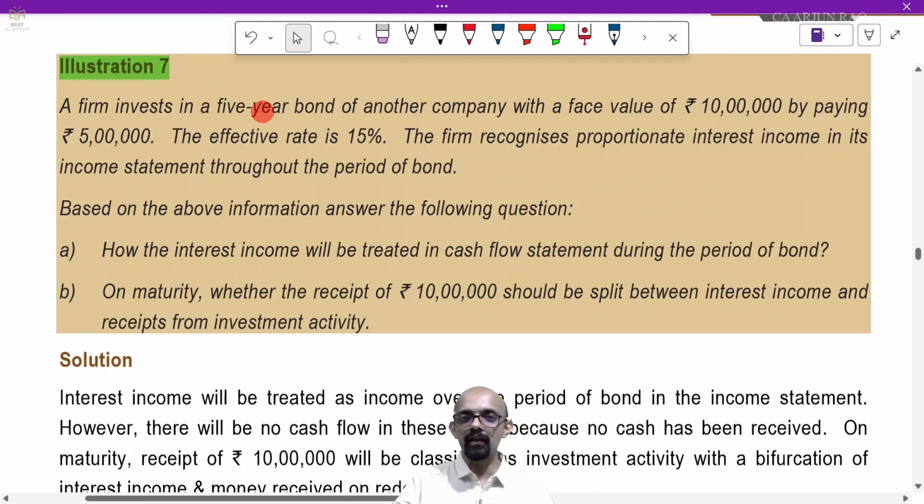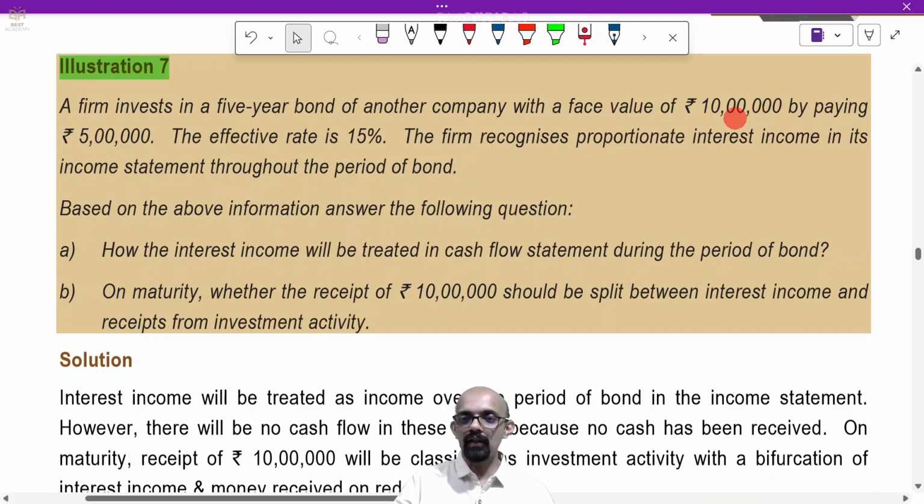So during the 5 years, interest income of course will be recognized, but there is no cash flow. Cash flow arises only at the end of the 5th year. So at that time you will receive 10 lakhs, out of which the cumulative interest is 5 lakhs and balance will be principal, right? So principal component and interest component are basically bifurcated in the last year.